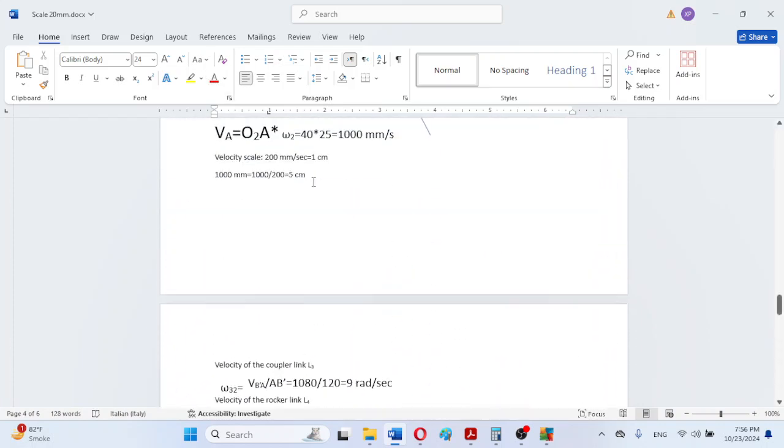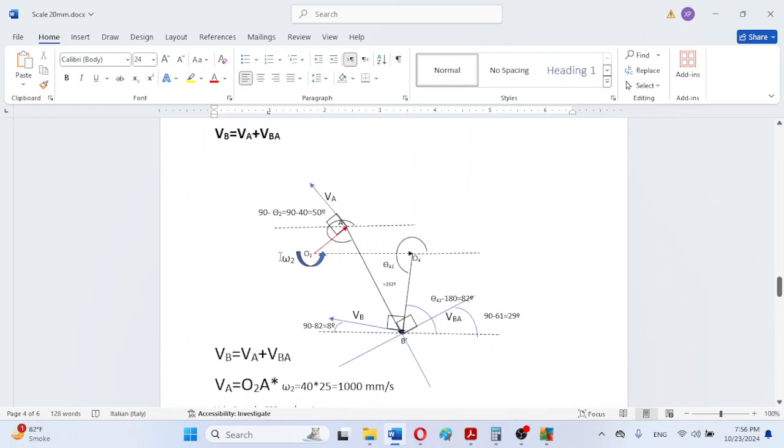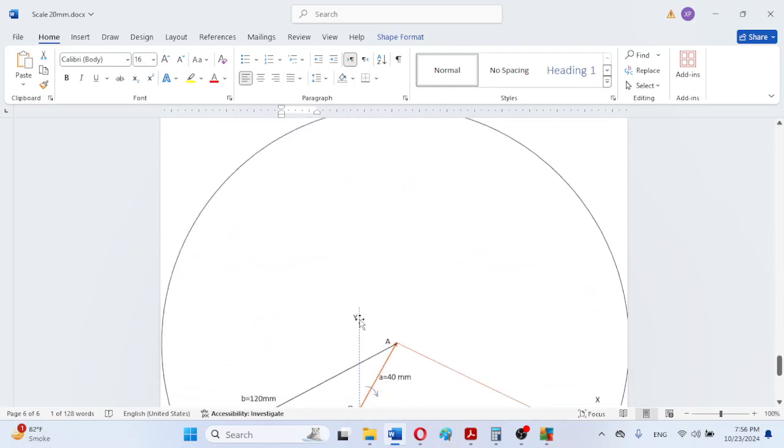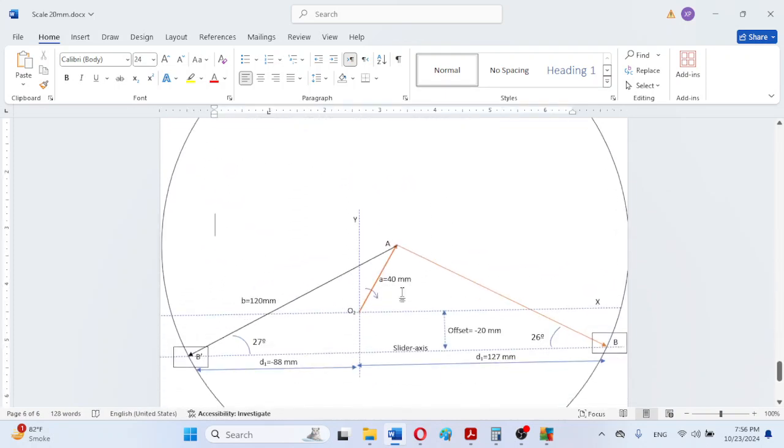We can copy omega 2, this notation, from another diagram and paste it here. Here, for example, we can write that omega 2 is equal to minus 30 radian per second.